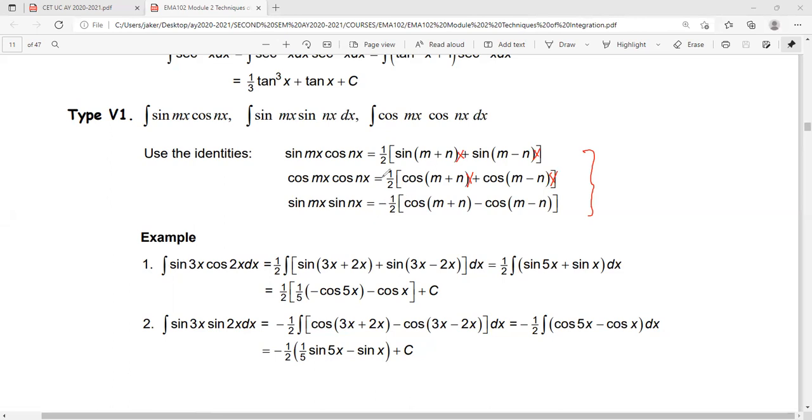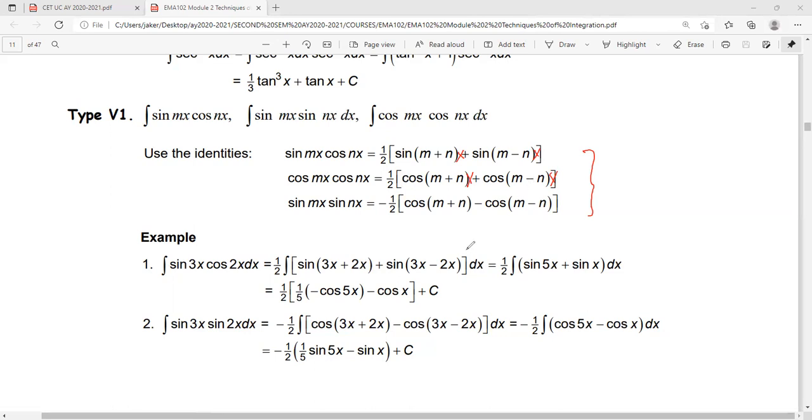So for both sine, the only difference of this formula from the one on top for cosines of different angles is it's negative, and instead of a plus here, it's minus. But in terms of what you do with the angles, it's the same for the first and the second term. In here, you add the angles. In here, you subtract. In here, you subtract the cosines. In here, you add. Okay?